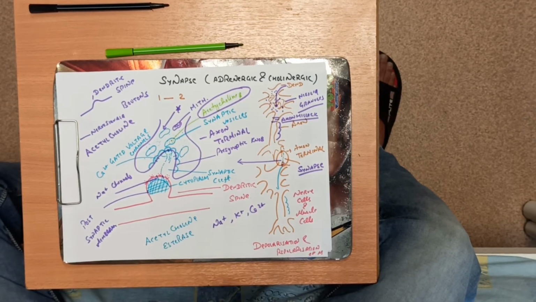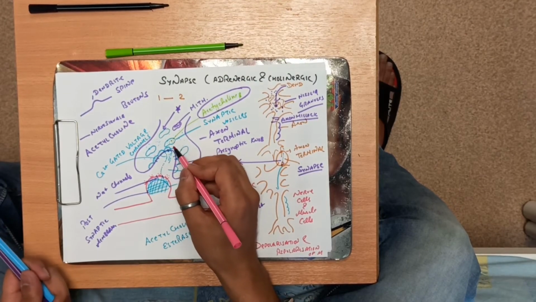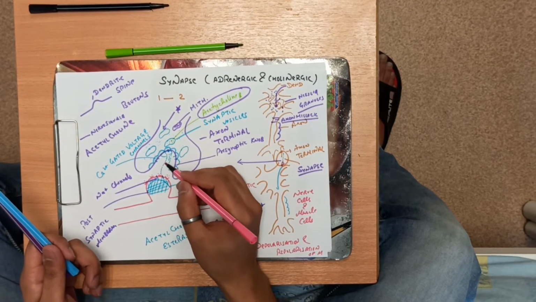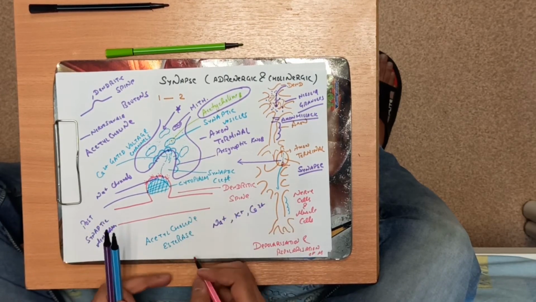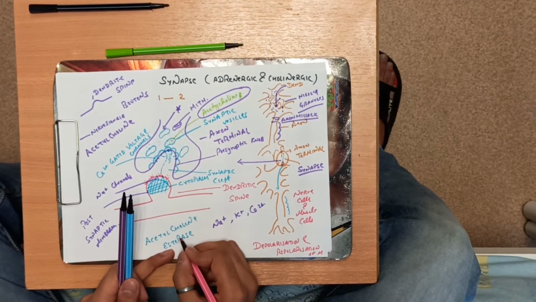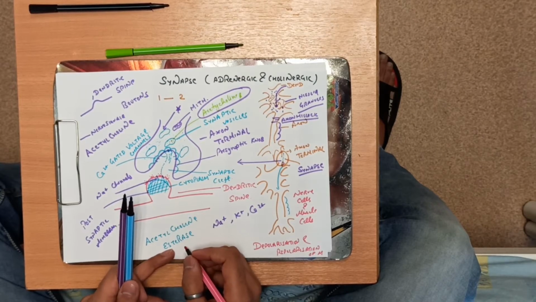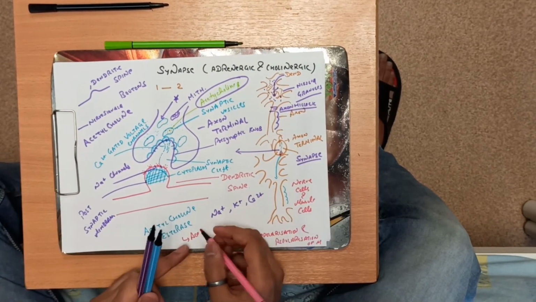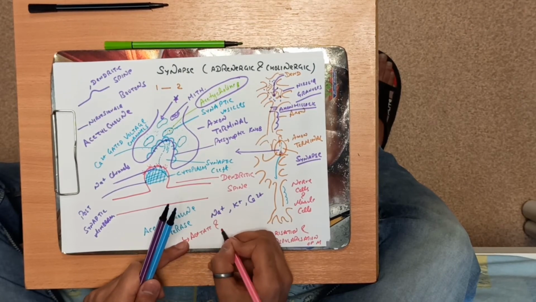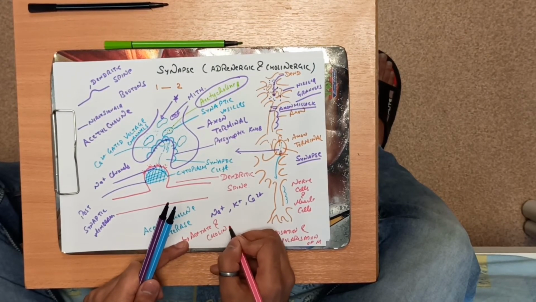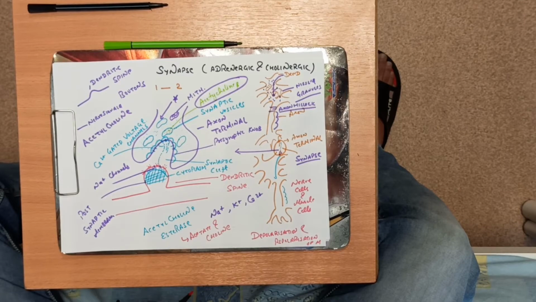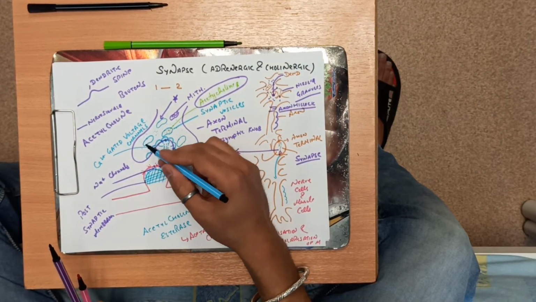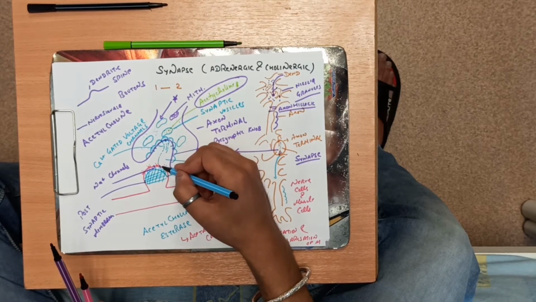Now as the calcium ion gets reduced, the acetylcholine which is left in the synaptic cleft, that acetylcholinesterase breaks that acetylcholine into two parts, the acetate and choline.